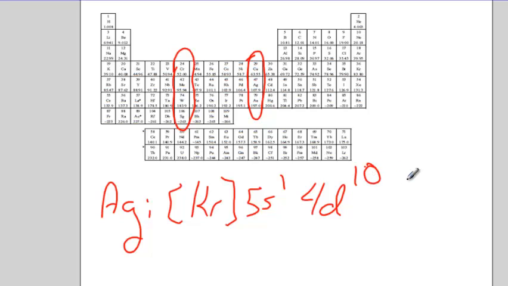Remember months back I told you silver was always a +1 charge? This is why. Because it loses this 1 in the s and has a filled d, and that makes it very stable. So a silver ion is always +1 because of its tendency to move that 1 electron up to the d and fill the d.